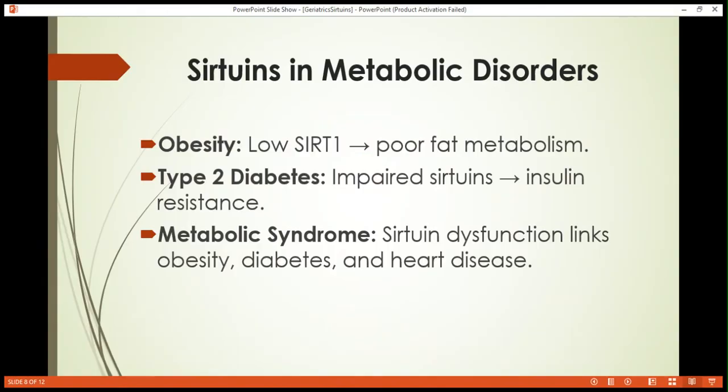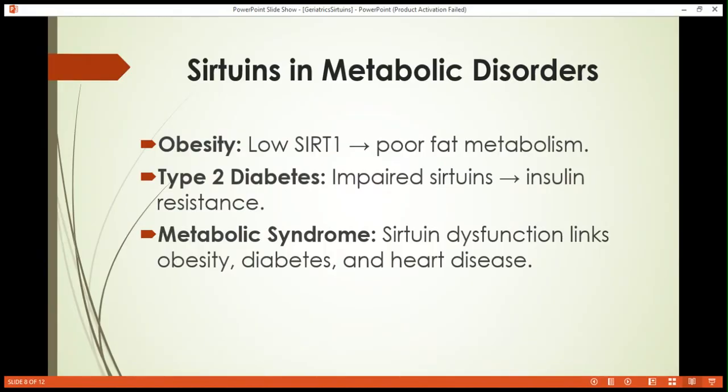For example, when there's low Sirtuin number 1, which we said promotes fat burning and glucose balance, there's poor fat metabolism, meaning there'll be no fat burning, which will lead to obesity.